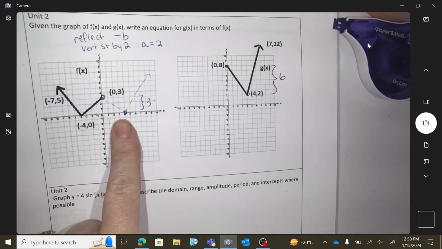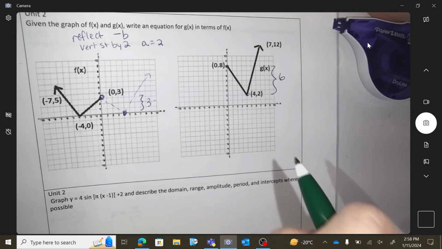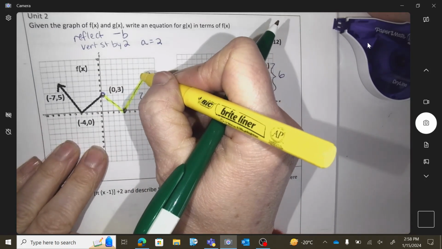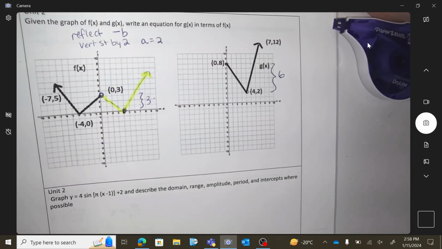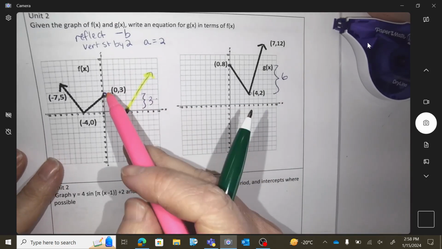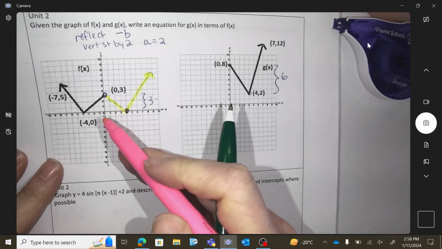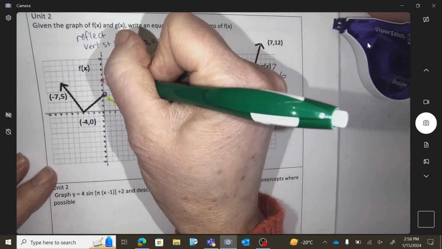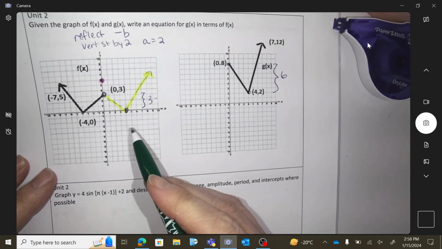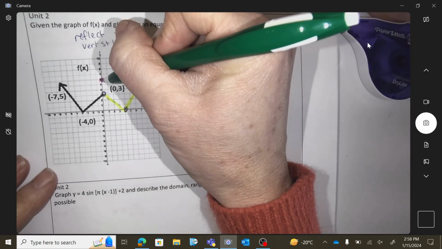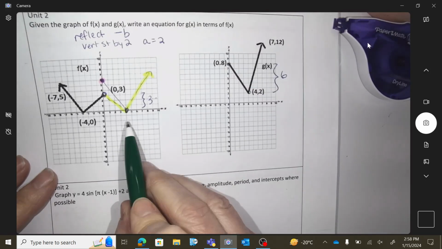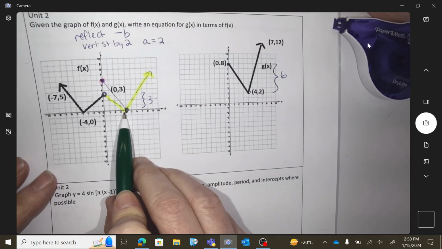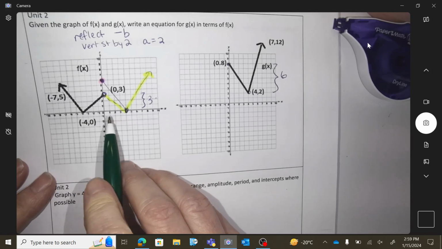Okay, so take what I have here. I can give you some colors here. So the first thing, yellow. Now I'm going to stretch that. So all the heights need to double. So this 0, 3 is now 0, 6. This would stay put, right? Because if you stretch the height of 0, that doesn't move.